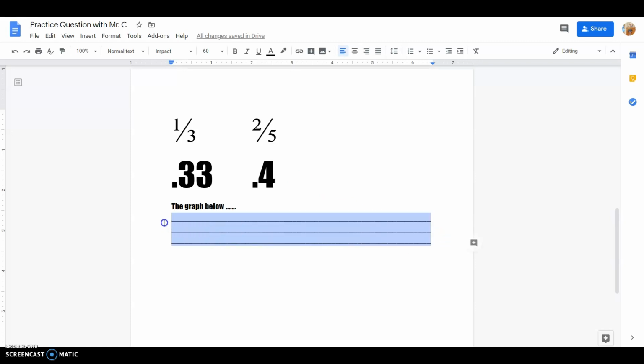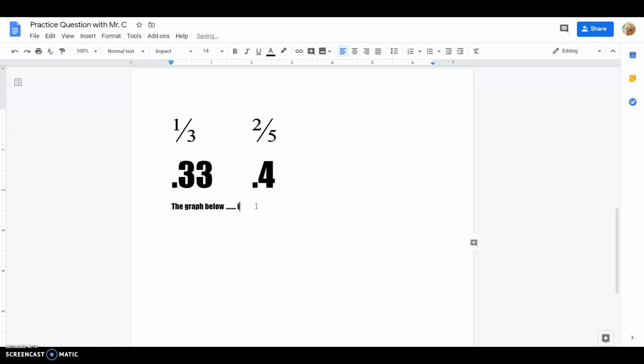So when I answer the question, the graph below is not proportional because the coordinates or ratios, you want to use this word ratios. A ratio is, let's Google it for you.